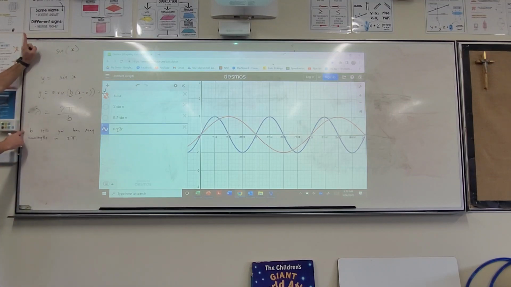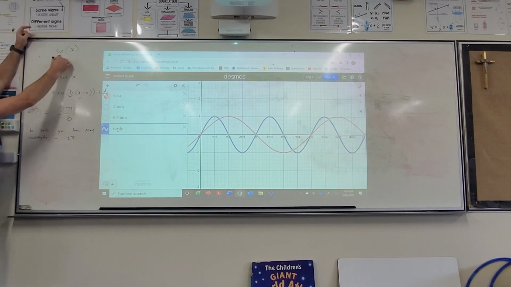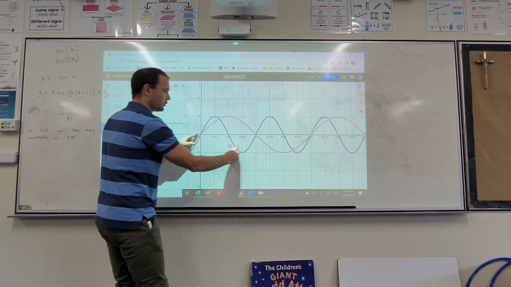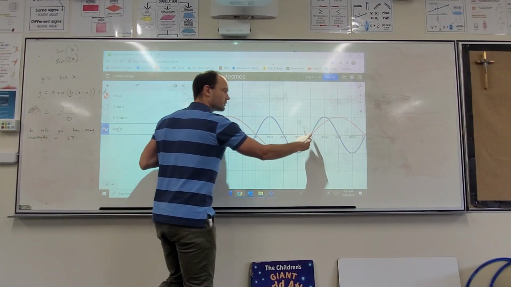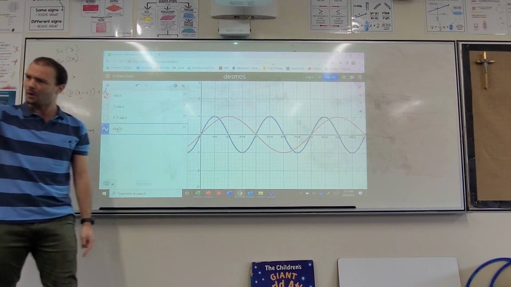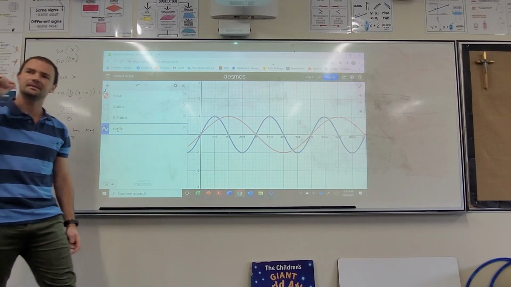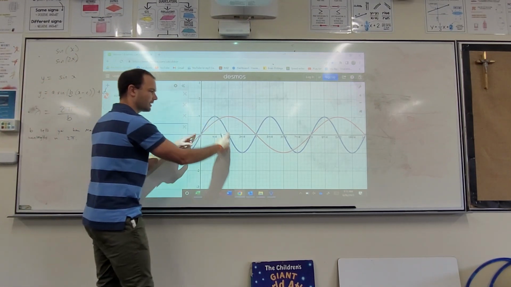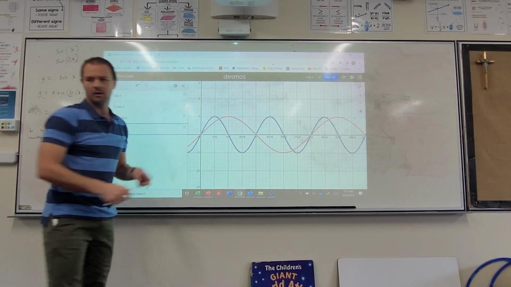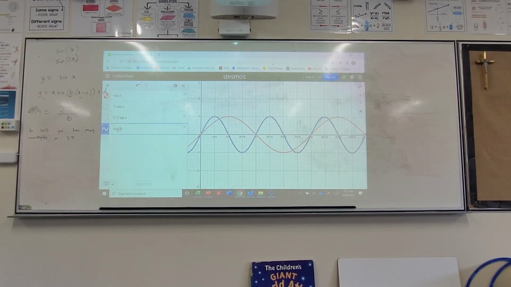So let's follow this dot point. There is one wavelength in 2 pi. How about sine 2x? There are 2 wavelengths, and you can see that there are 2 whole wavelengths in 2 pi. And if there's 2 wavelengths in 2 pi, it means there is 1 wavelength in 1 pi. All right, what's the next one? Sine 3x.